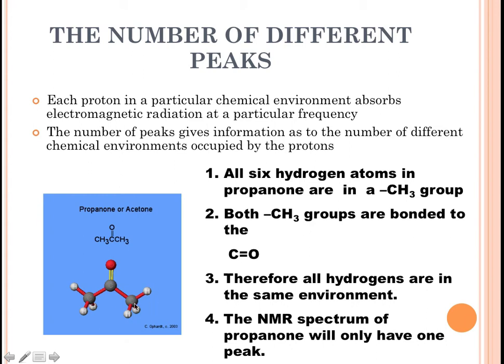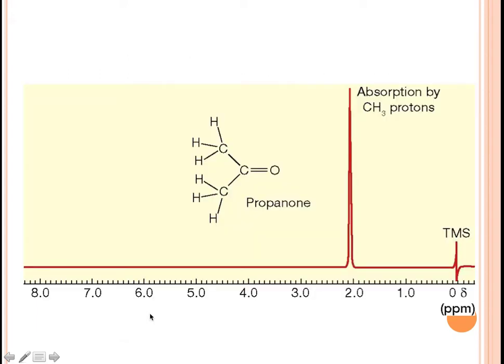So they're both bonded to the same internal carbon, which is bonded to an oxygen. That means they're in the same environment. So for this, we'd only expect one peak, which is what we see. One peak for all of those CH3 protons, which are bonded to this C double bond O in the middle. And of course our TMS. Still have the TMS standard.